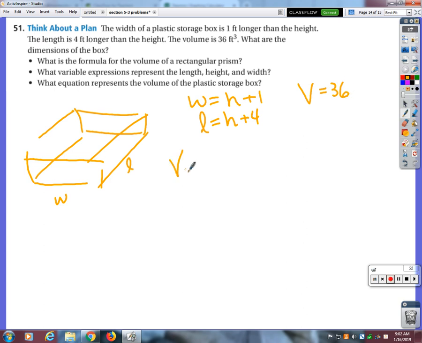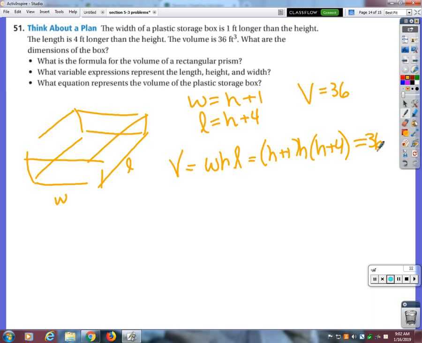What's the formula for the volume of a box? W times H times L. We can substitute though. Instead of using W, we can use H plus 1. Instead of using L, we can use H plus 4. And we want that to equal 36. Okay?